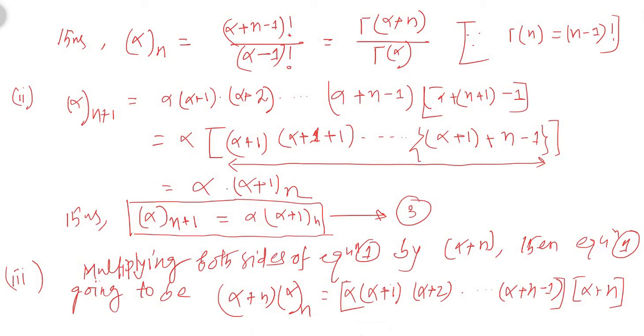Now we can recast this term as alpha plus n alpha n is equal to alpha plus 1, alpha plus 1 plus 1, dot dot dot alpha plus 1 plus n minus 1.